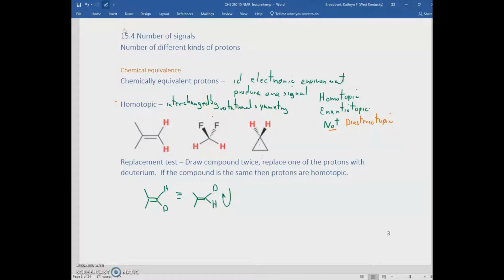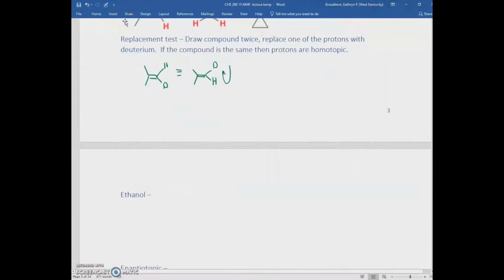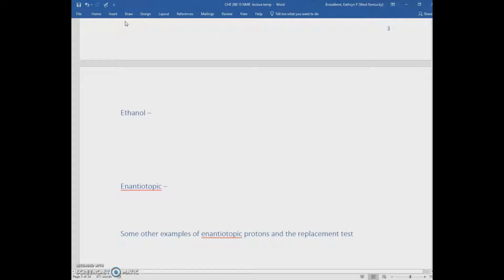Let's look at another compound. Let's look at ethanol. So here's ethanol. And we've got a proton here, and we're going to draw it twice, and put a deuterium here.